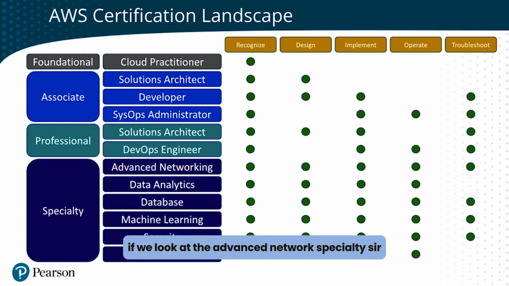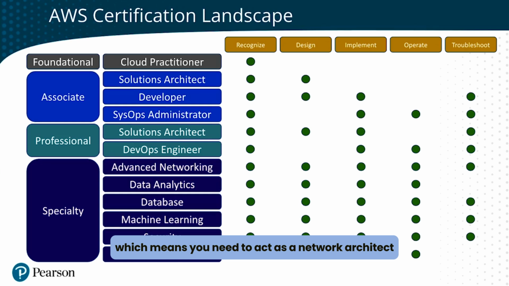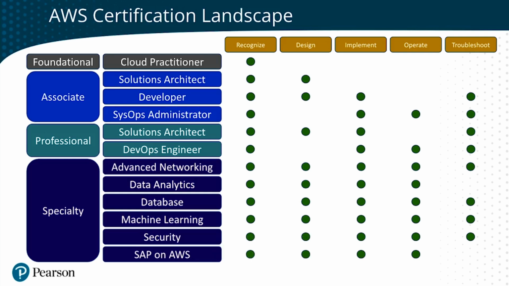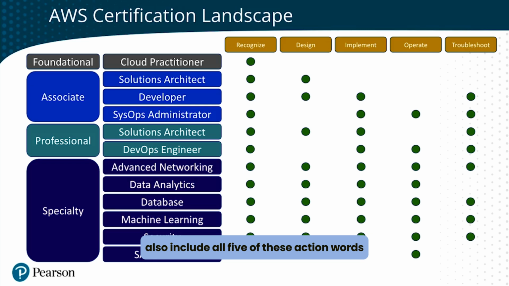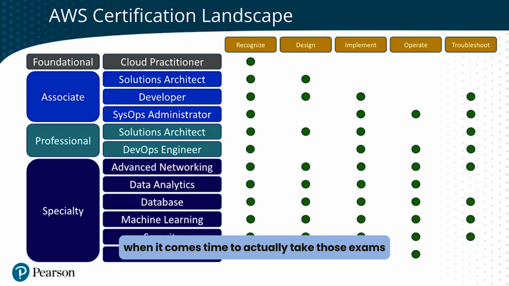For example, if we look at the Advanced Network Specialty Cert, all 5 of the action words are represented here, which means you need to act as a network architect, but also as a network administrator and as a network security professional, and have the ability to troubleshoot a broken network and fix it appropriately. Other specialty certs, like security, also include all 5 of these action words, and that can make them quite difficult when it comes time to actually take those exams, because you need to have a strong mixture of skill sets.